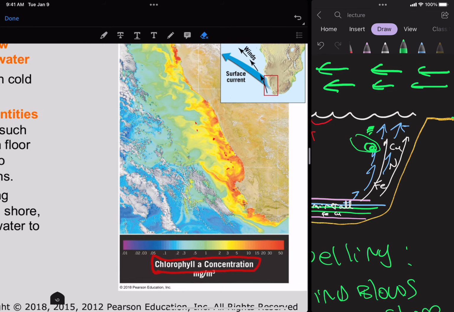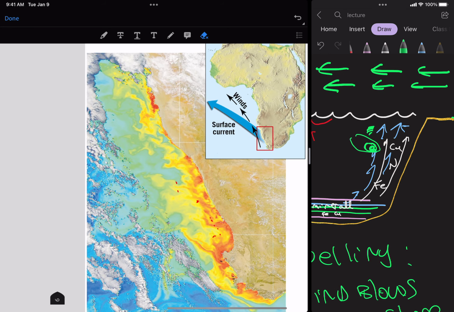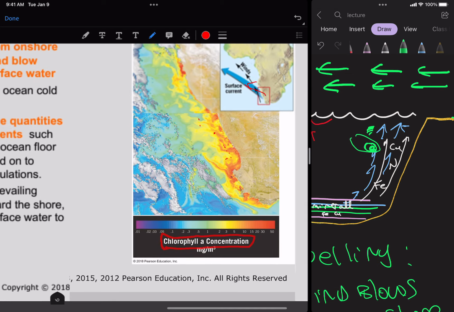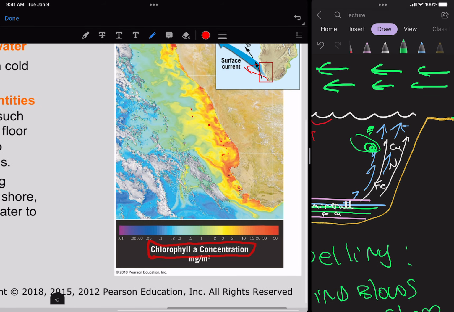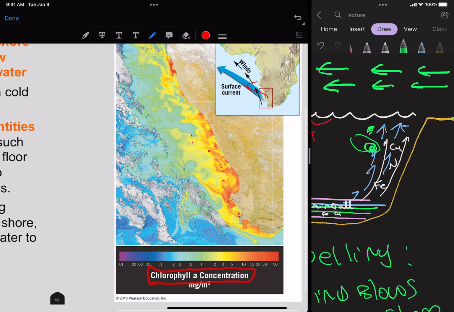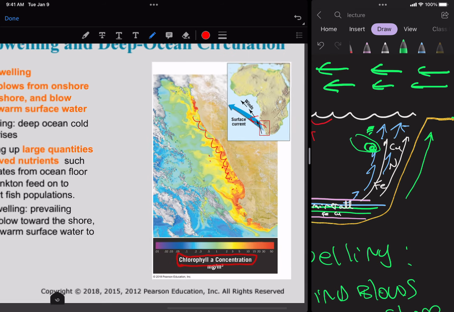And this is what this picture shows you: there's an upwelling occurring off the coast of South Africa. And this is showing you a graph of the amount of photosynthesis. You can see that you're getting a lot of photosynthesis here because there's a lot of nutrients being drawn up from the bottom of the ocean, and that kicks off a larger amount of photosynthesis.